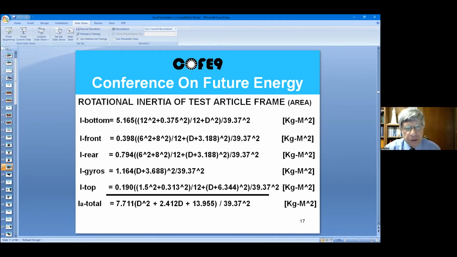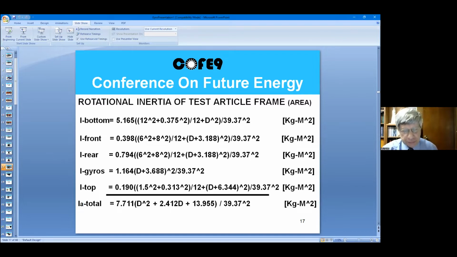And then you go to the front plate. It weighs 0.398 kilograms. It's 6x8 inches. Square those two, divide by 12. It sits up there with an offset 3.188 inches. You square that term, convert to meters.